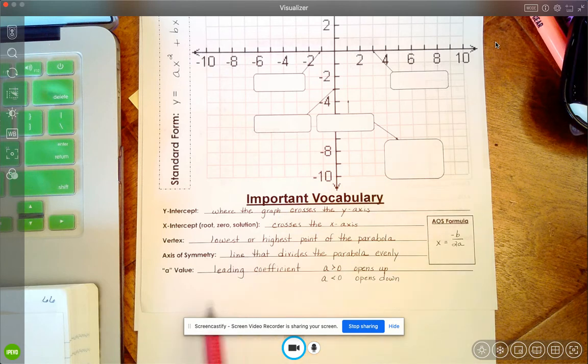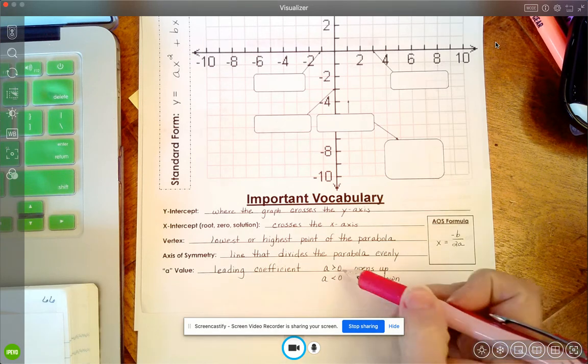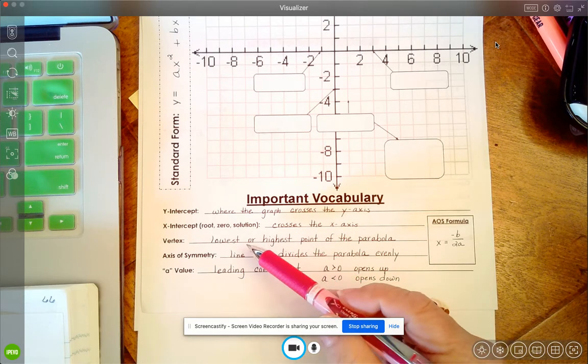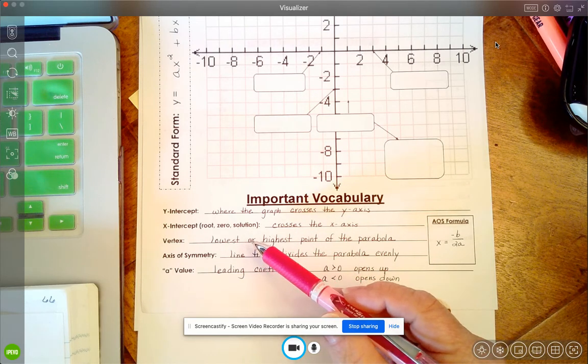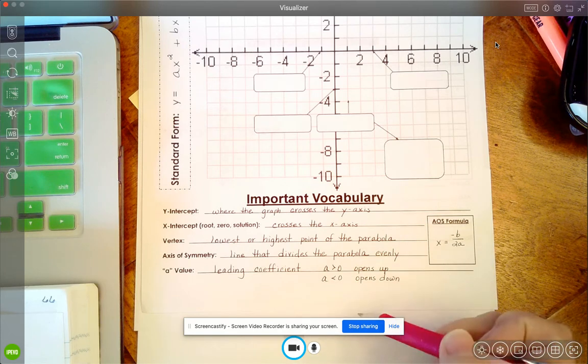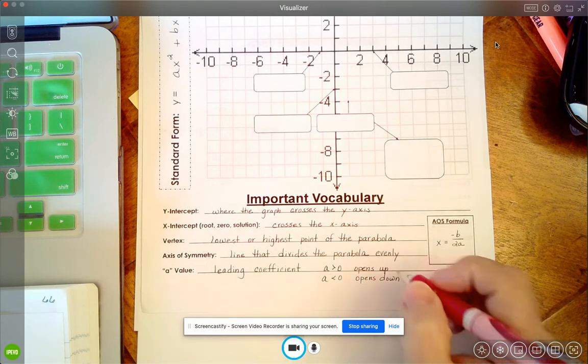Now I'm going to skip down here to this a value, my leading coefficient. If the a is positive, it's going to open up. That means that it would have a lowest point. If it is less than 0, it's going to open down, which means it would have a high point.